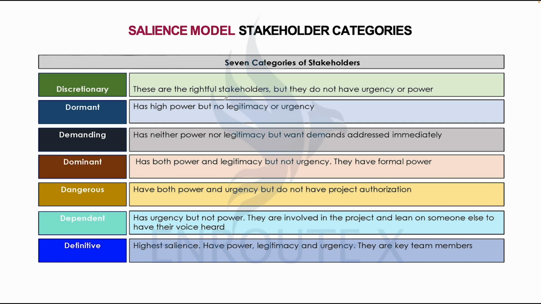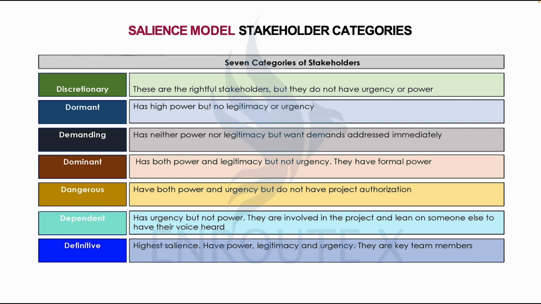The demanding has neither power nor legitimacy, but wants demands addressed immediately. The dominant has both power and legitimacy, but not urgency. They have formal power. The dangerous have both power and urgency, but do not have project authority.